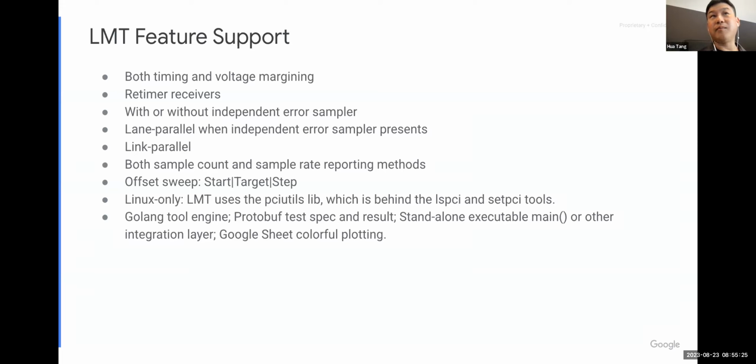Just one more comment responding to an earlier question: at one point I did build this tool outside of our Google environment and sent it to a vendor to troubleshoot their lane margining hardware problem.